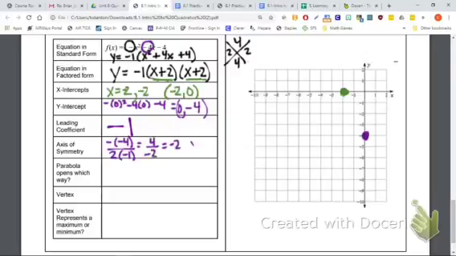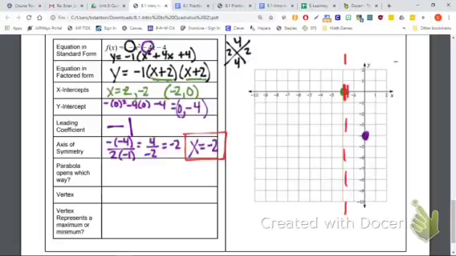My axis of symmetry is at x equals negative 2. So I'm actually going to put this in red here. Negative 2. What do you guys notice there? That axis of symmetry runs right through our one intercept.